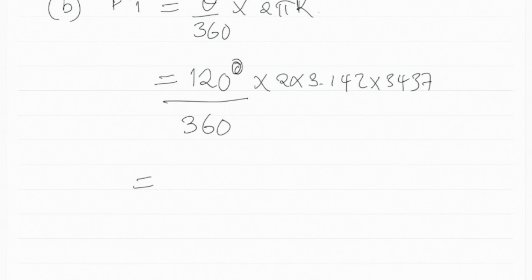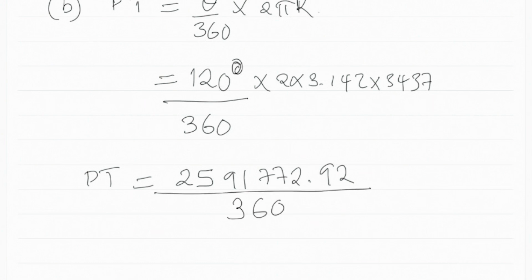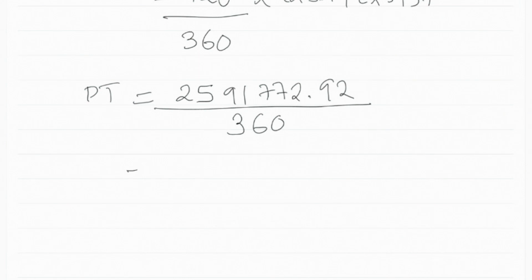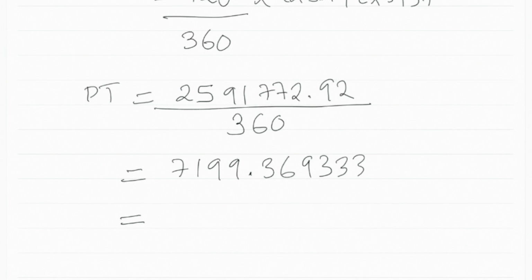3437. Again there, when you do your calculations properly, you are going to have PT equals 2,591,772.92, everything over 360. And when you simplify further, you are going to have 7,199.369333.